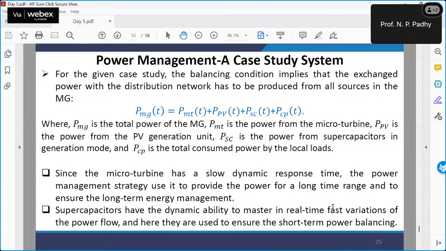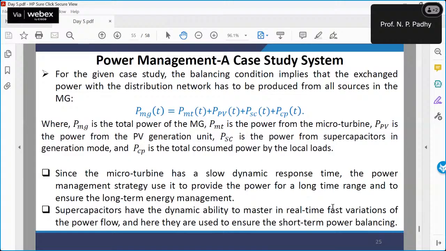So we say that P microgrid is my PMT plus PPV plus PSC and PCP. P microgrid is the total power of the microgrid. PMT is the power from the microturbine. PPV is the power from the PV. PSC is the power from the supercapacitor. And PCP is the total consumed power by the local load.